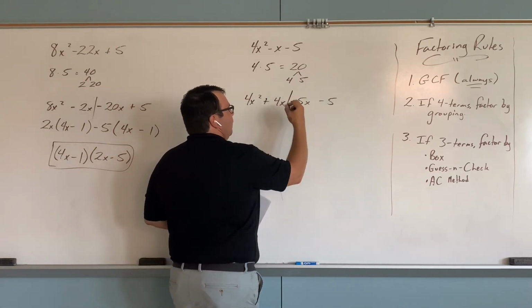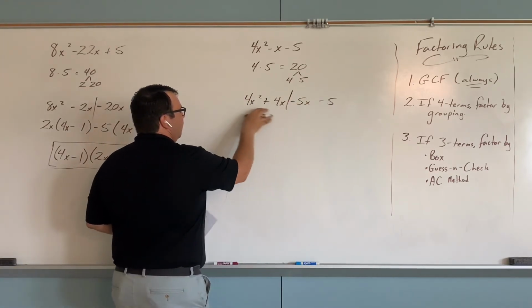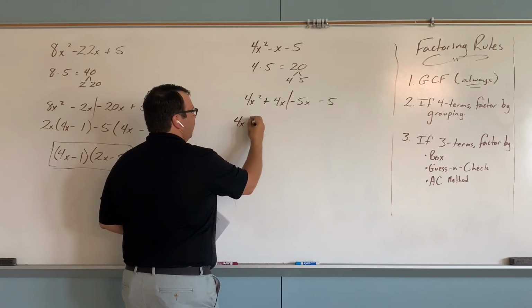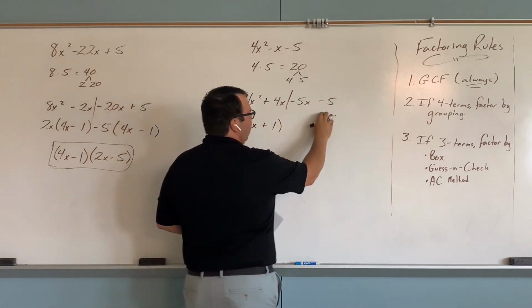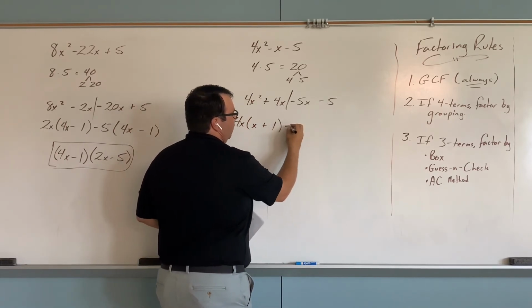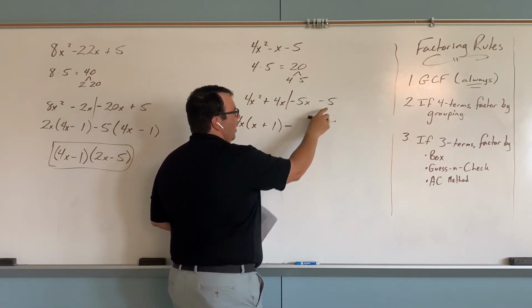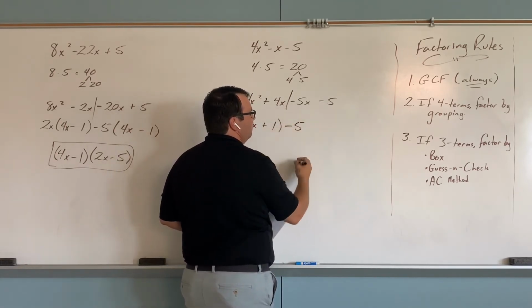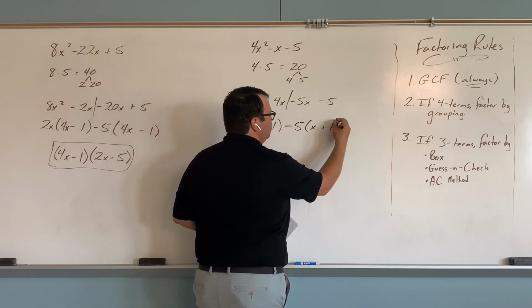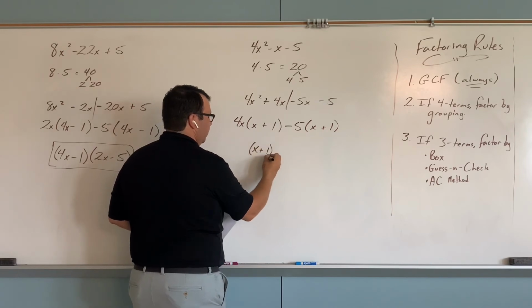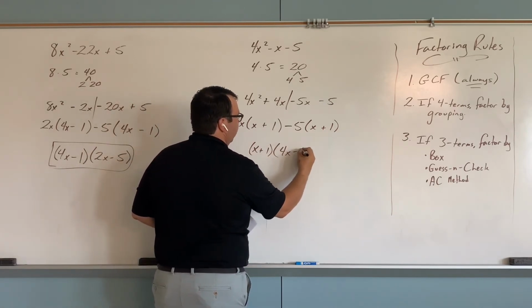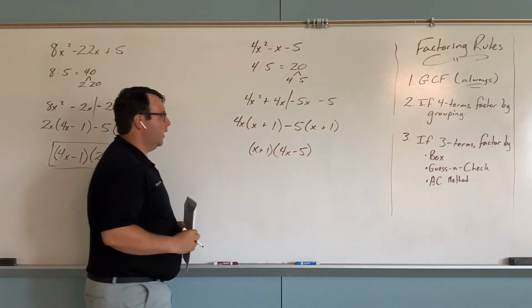Okay, split it in half, Math Ninja. First half, I can pull out a 4x. That leaves me x plus 1. Second half, I want a sign change, so I'm pulling that negative. I can pull out 5 from both, and that leaves me x plus 1. That leaves me x plus 1 times 4x minus 5.